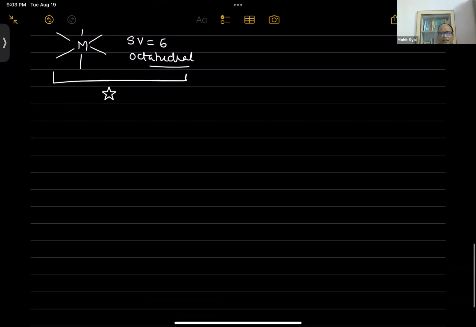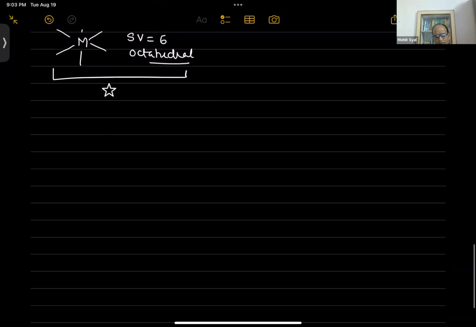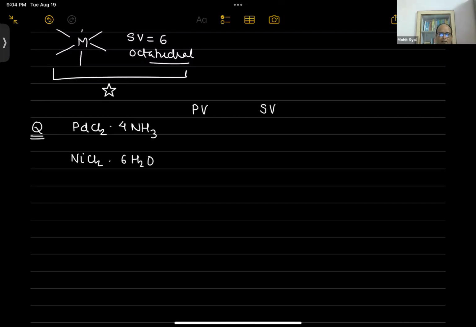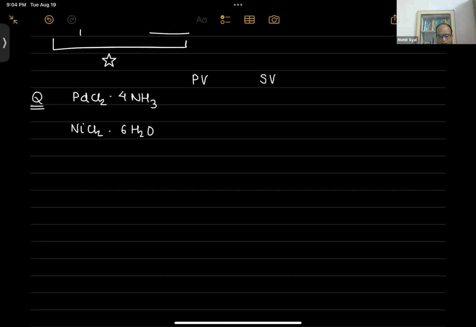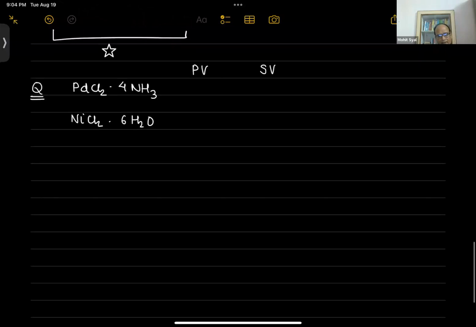So let me take some examples. You can tell me what is the primary valency and what is the secondary valency. Got it?